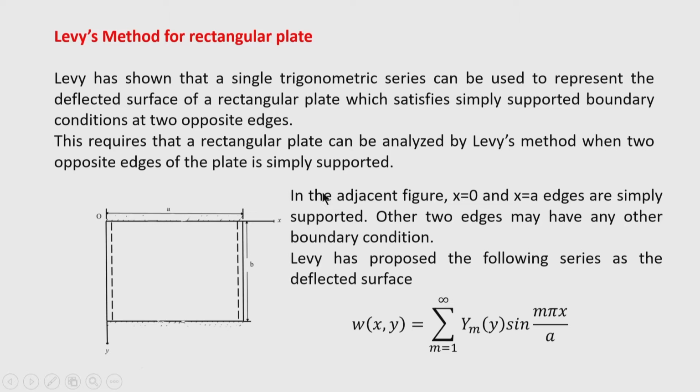Navier's method requires that all edges have to be simply supported. So, that means here I left this edge y is equal to 0 and y is equal to b edge as unknown boundary conditions, but in Navier's method these boundaries also have to be simply supported. So, this is the difference. So, the generality of the approach has been improved in case of Levy's method.